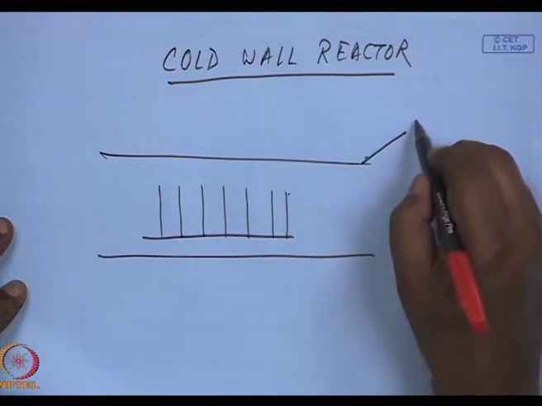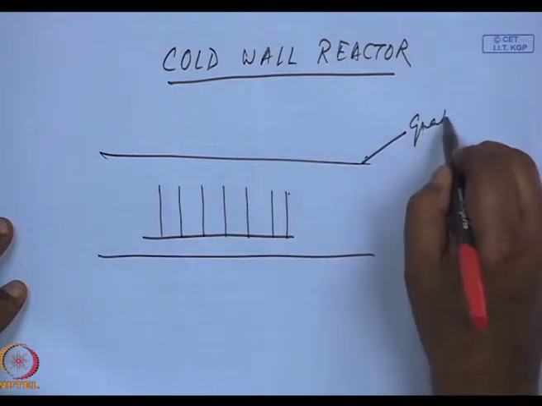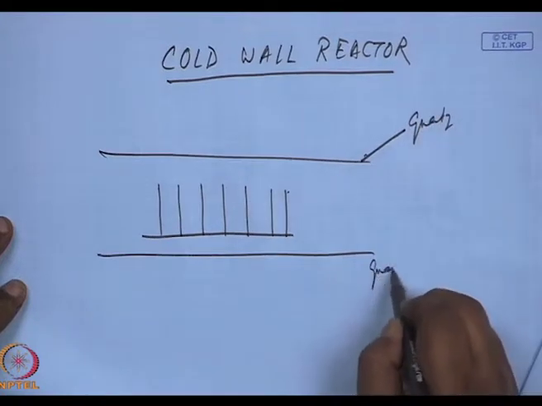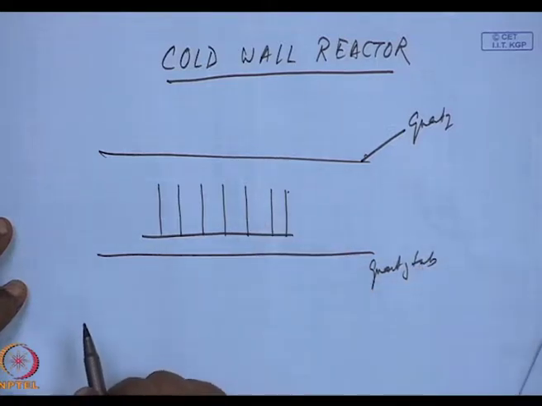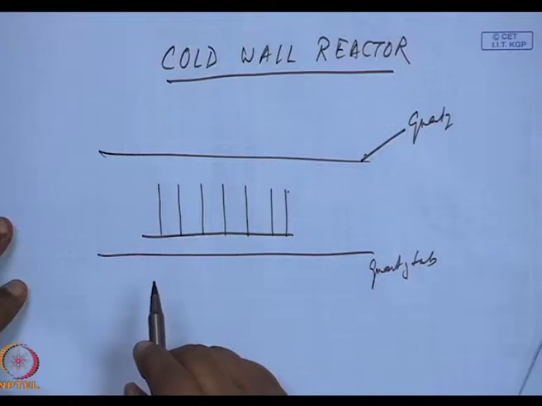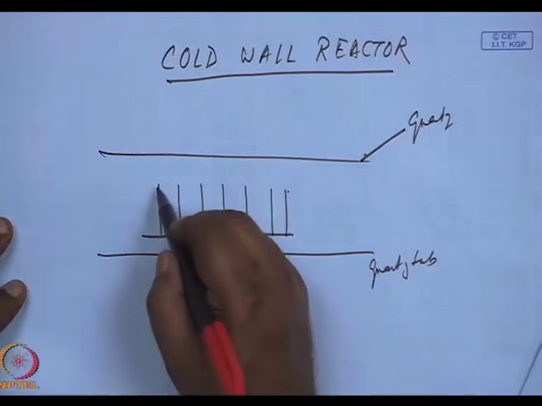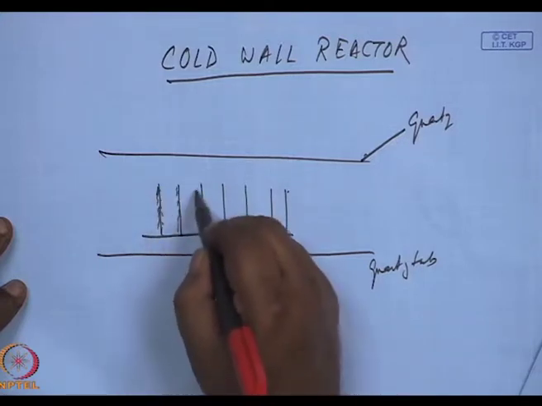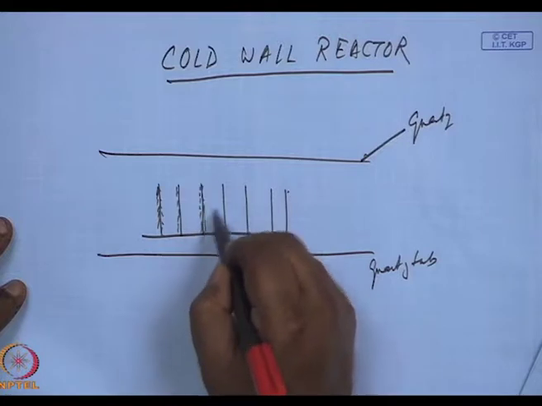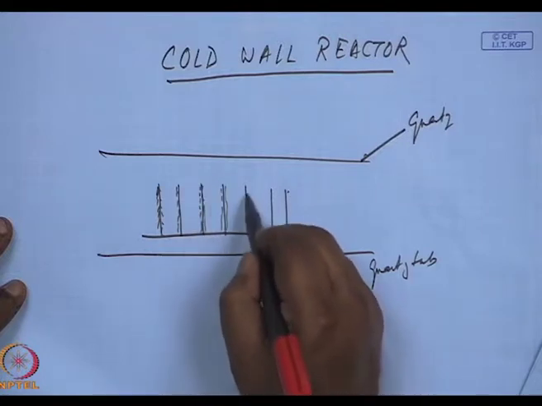This is, let us say, quartz tube. These are the substrates. The quartz tubes will not get heated. As a result, the coating forms only on the substrates and not anywhere else.